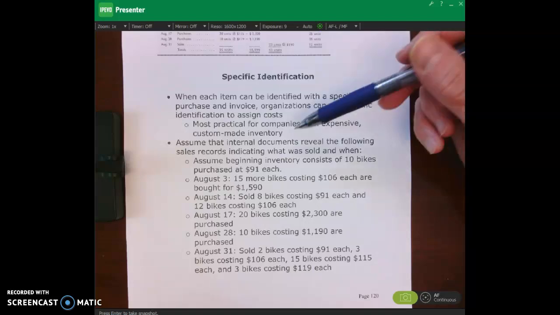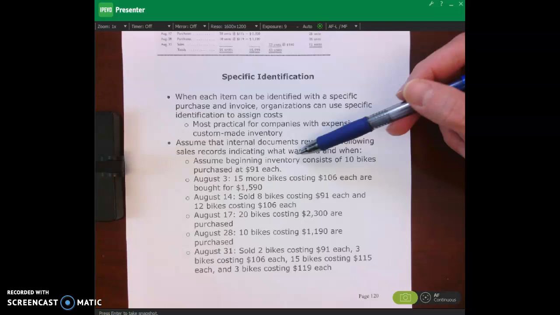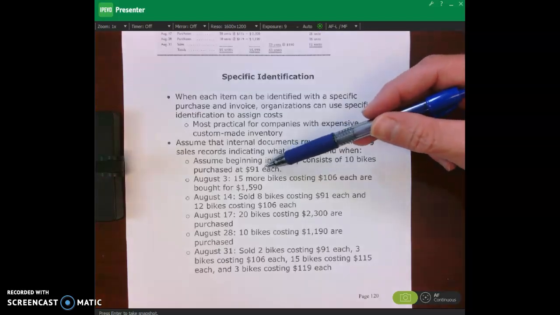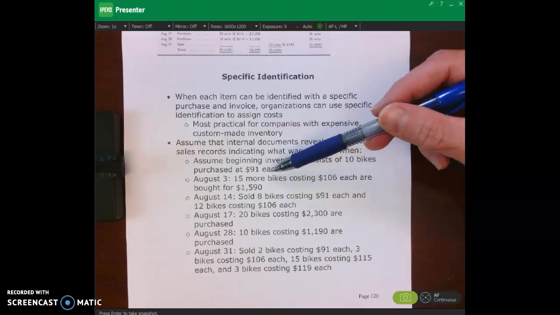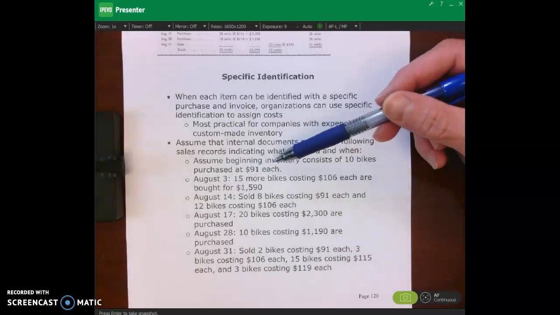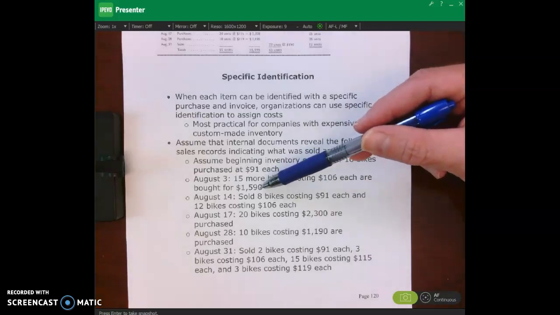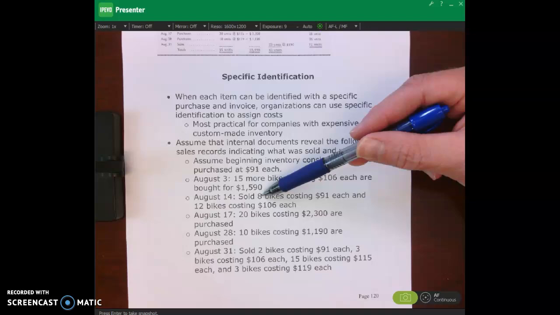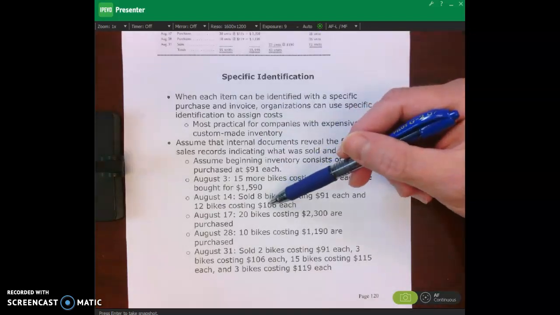Okay, so let's assume our beginning inventory has 10 bikes, and we purchased each one of those bikes for $91 from our supplier. On August 3rd, we bought another 15 bikes at $106. On August 14th, we sold 8 bikes that cost $91 each and 12 bikes that cost $106 each.